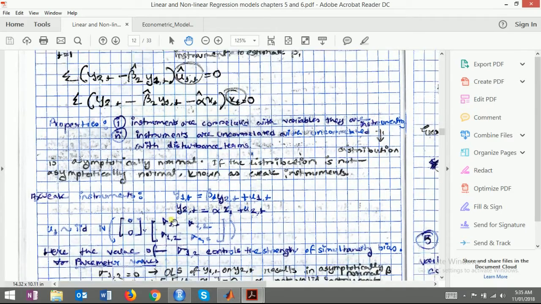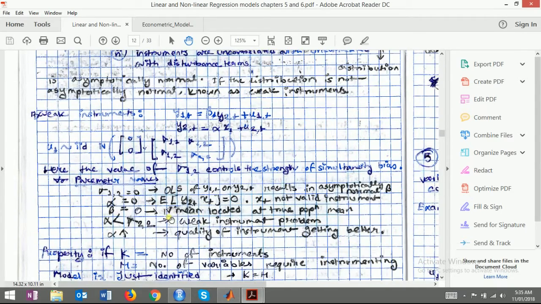Now let's talk about weak instruments. The first equation is y1t equals beta 1 y2t plus u1t, and y2t equals alpha xt plus u2t.